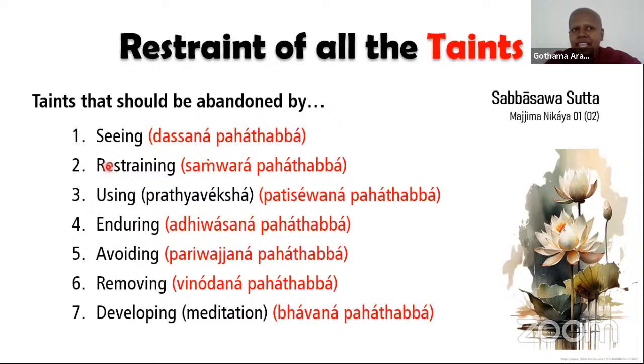So that magnet removing part happens as much as you practice the nature of anicca, dukkha, and anatta. But maybe at this moment, some things that we discussed here, you will find it really difficult. Oh my God, how can I do these things? You might feel like that.